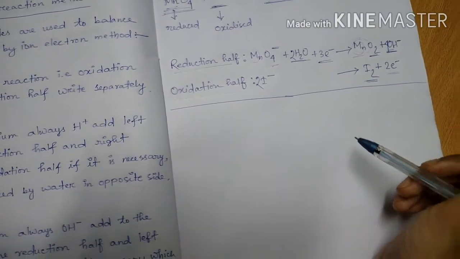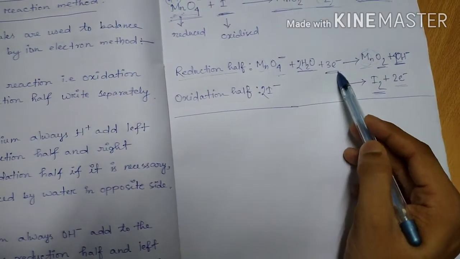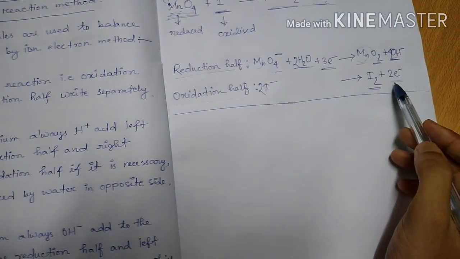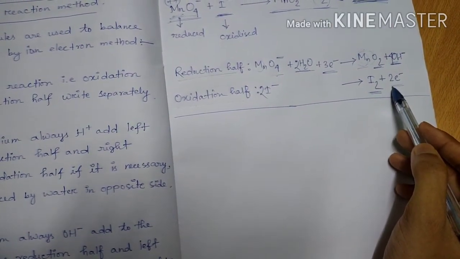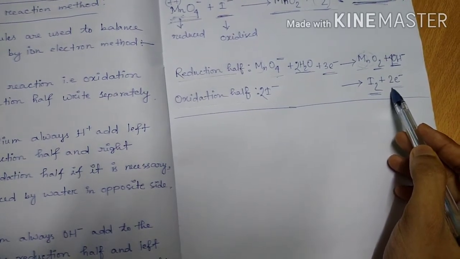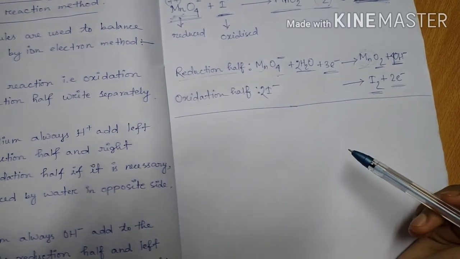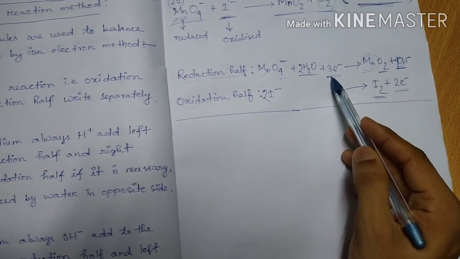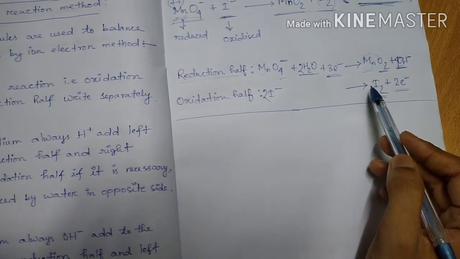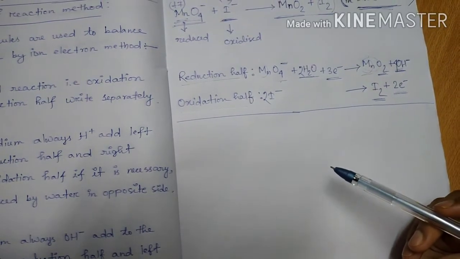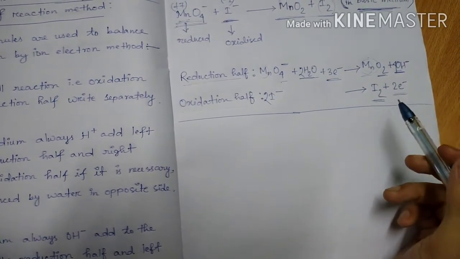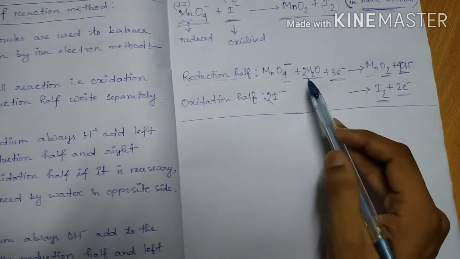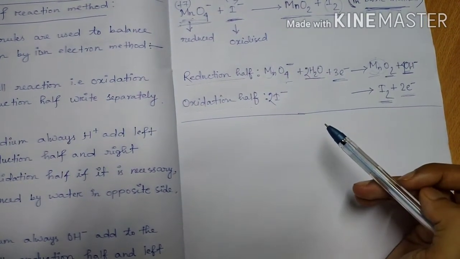You see in the reduction half the number of electrons is 3, but in the oxidation half the number of electrons is 2. So how shall we eliminate the electrons in both half cells?